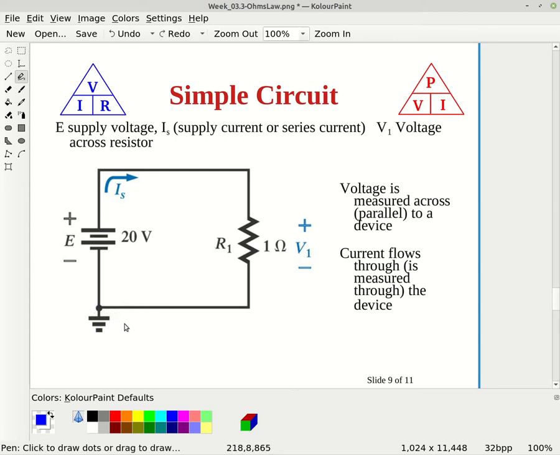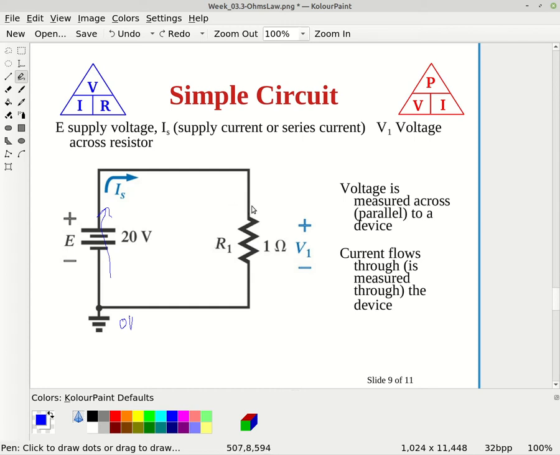The ground symbol is your reference point, and so at ground you're at 0 volts. As we go up through the battery, the longer line indicates the positive sign, so we're going up 20 volts.